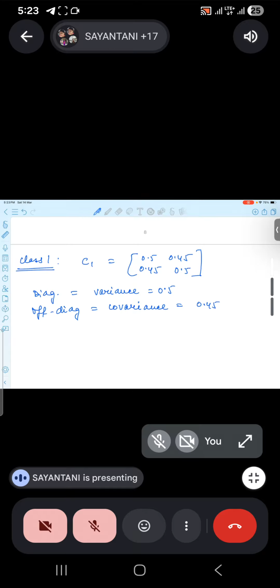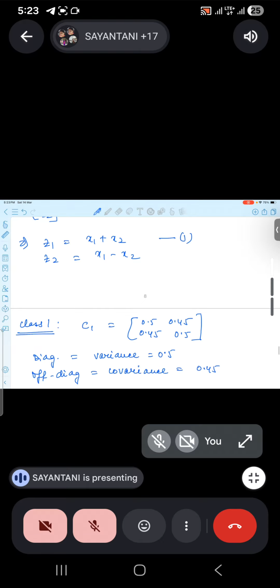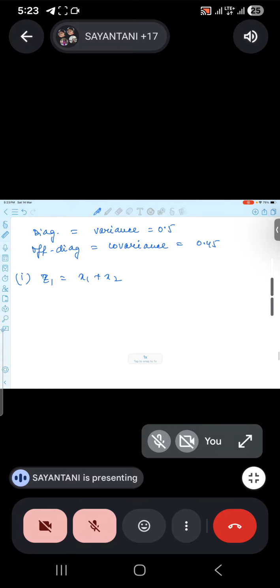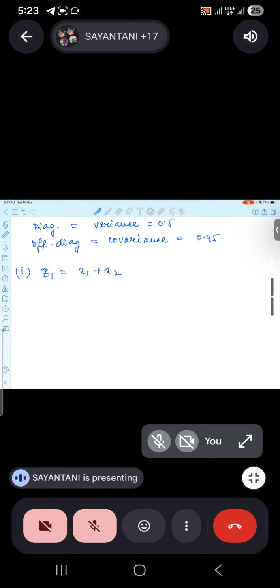Now first equation was what? So equation number 1, equation number 2, x1 plus x2, right? So in the first scenario, z1 is equal to x1 plus x2. Let me check where the variance is more, for class 1 or class 2. So how to do that? So I have to find out the variance of x1 plus x2. You must have studied this in statistics.